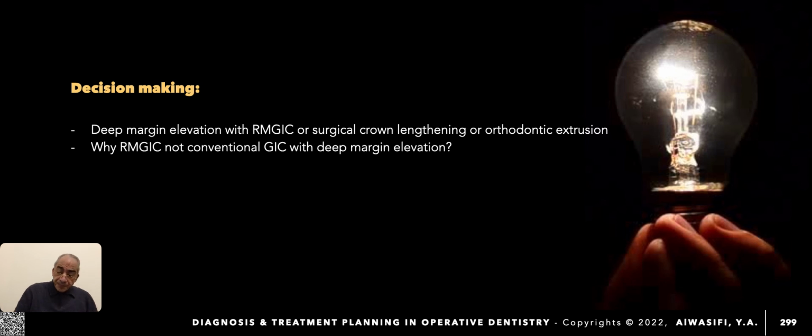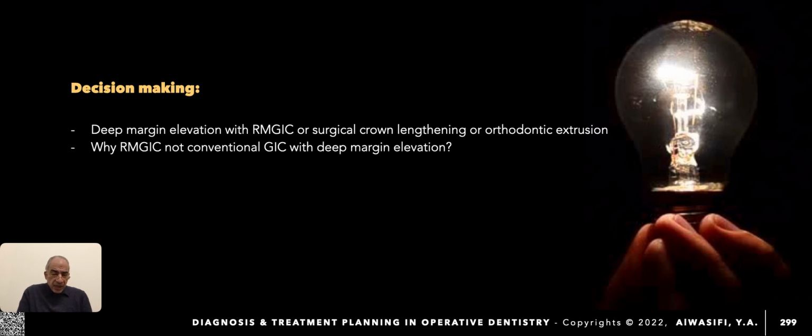Number one, we should determine where is the proposed level of our gingival seat of the preparation. If it is near to the bottom, but still not encroaching or violating the biological width, then your problem is the bonding procedure and the curing of your composite.